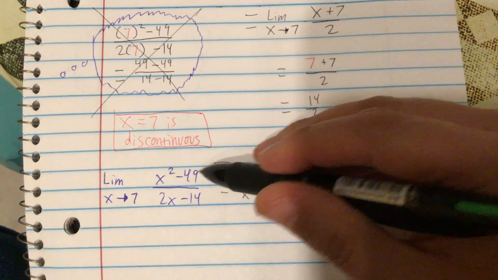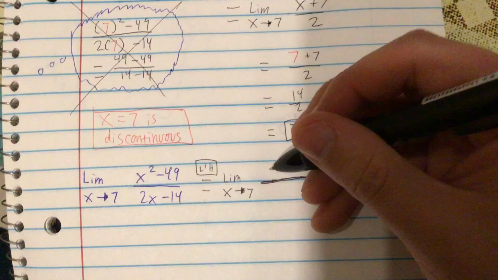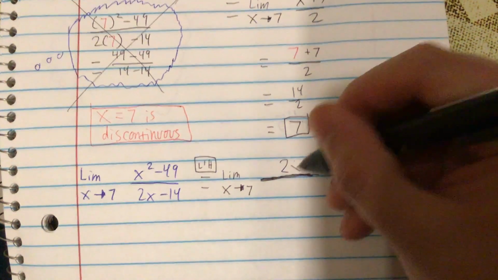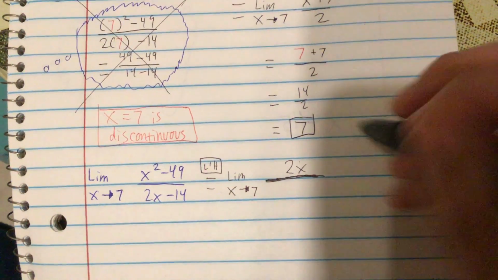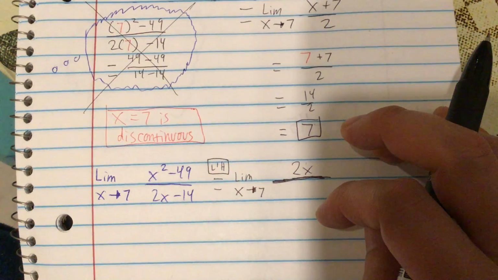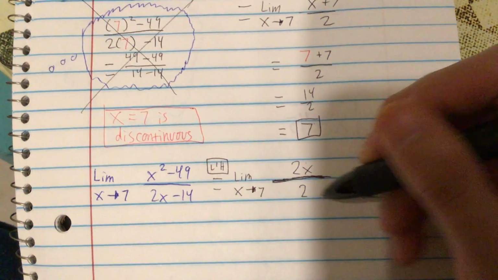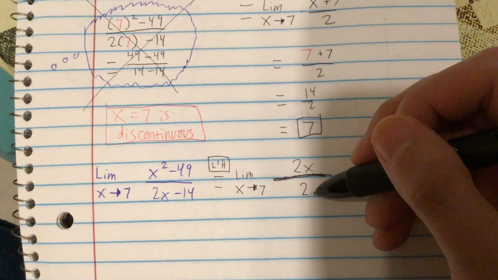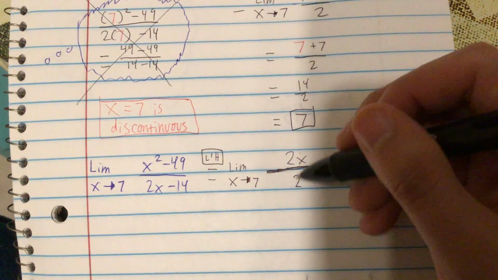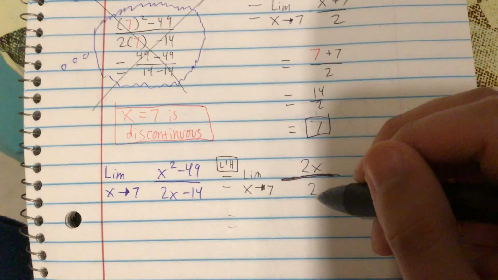So now, what is the derivative of the top? 2x, and that negative 49 goes away. What is the derivative of 2x minus 14 with respect to x? 2. And I could just cancel out the 2's right here, leaving me with the limit as x approaches 7 for x. Or I could just do 2 times 7 over 2.